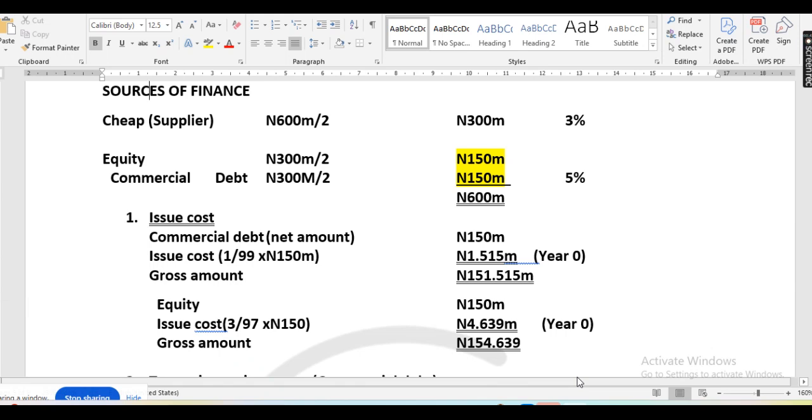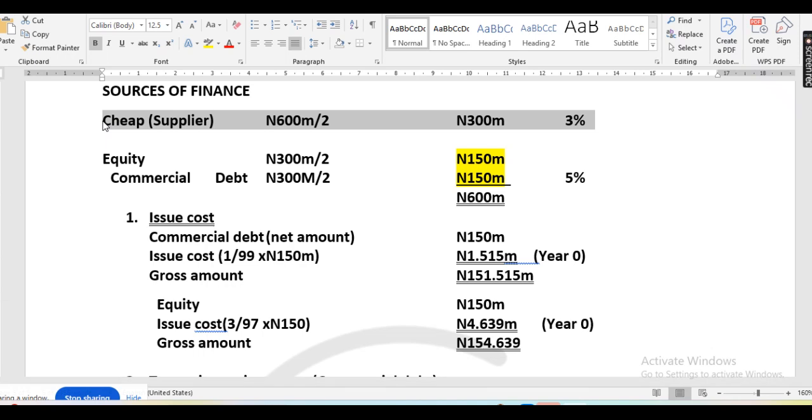Between these two, commercial debt and cheap loan, you will decide which one.